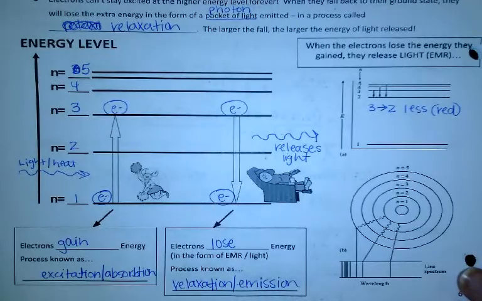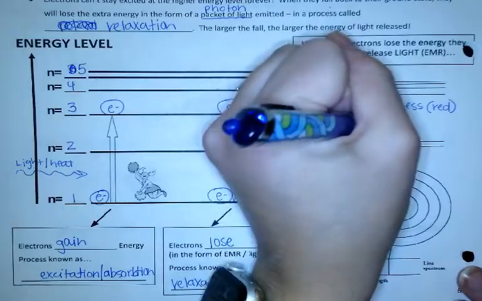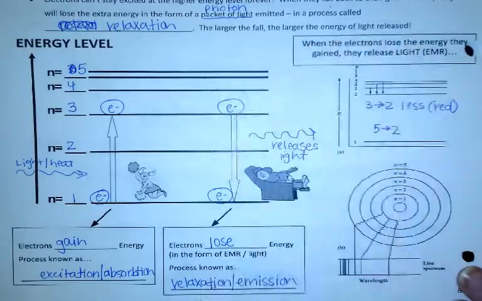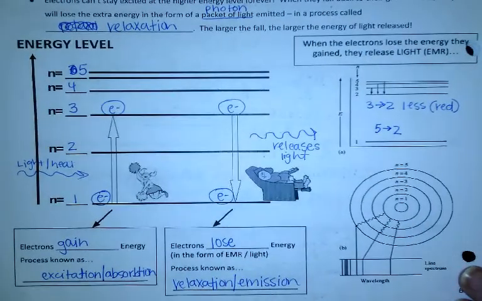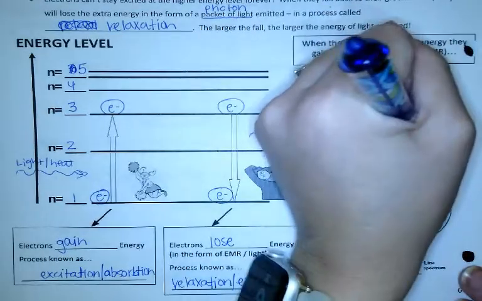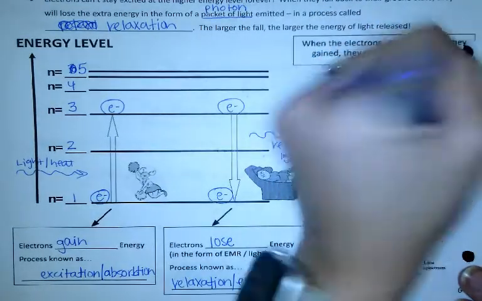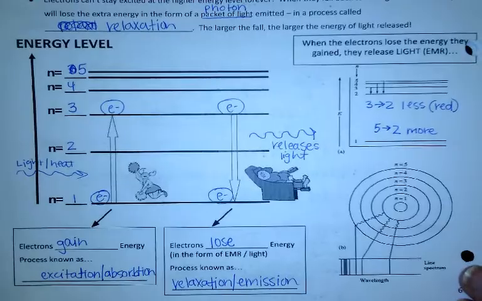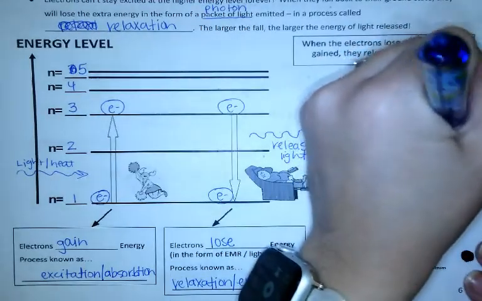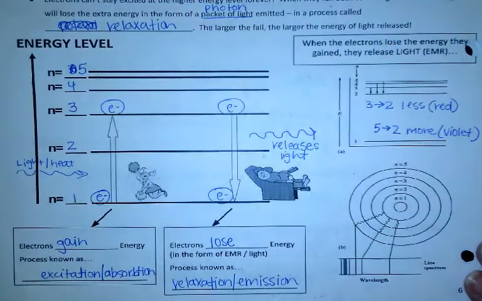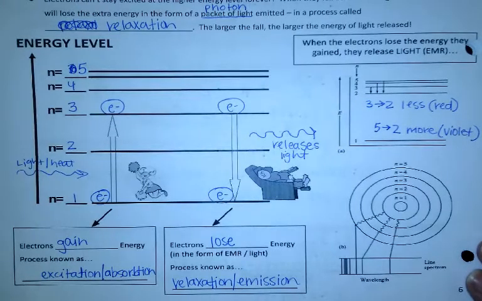Now, if we go from energy level 5 to 2, so say it jumped up to energy level 5 and dropped back down to 2, this is going to release more energy because there's a bigger difference between those two, and we may see this in the form of violet light. Okay, so the more energy levels that are jumped, the shorter the wavelength that's emitted, because remember, the shorter the wavelength, the higher the energy.